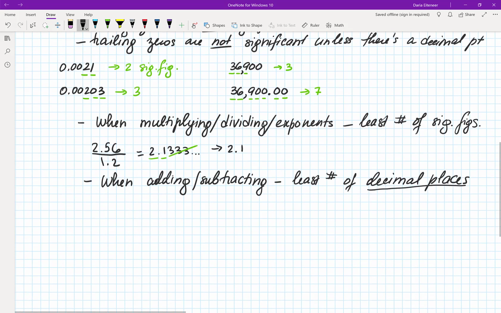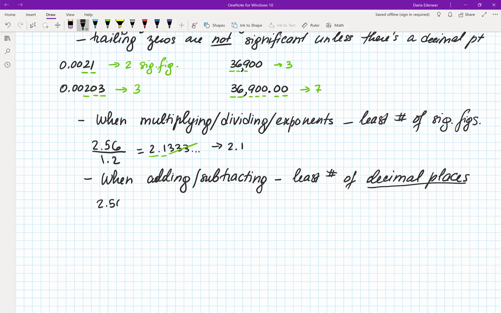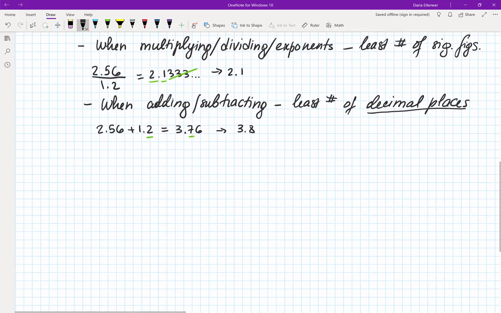So for example, if I'm doing 2.56 plus 1.2, it would be 3.76, but 1.2 is the number with fewer decimal places, so I have to round to the tenths decimal place. So this really should be written as 3.8. Okay. So it's all nice and good. You can use these rules maybe in some other classes too.